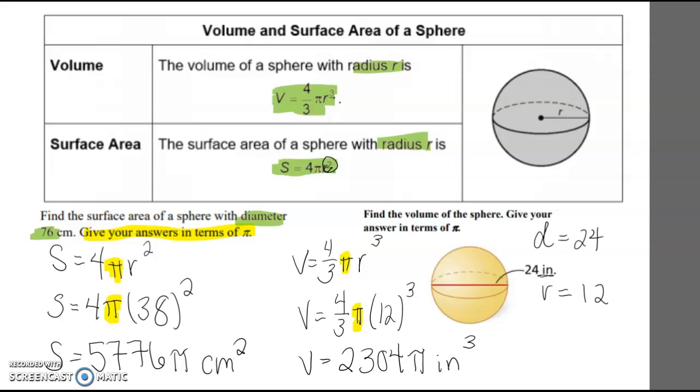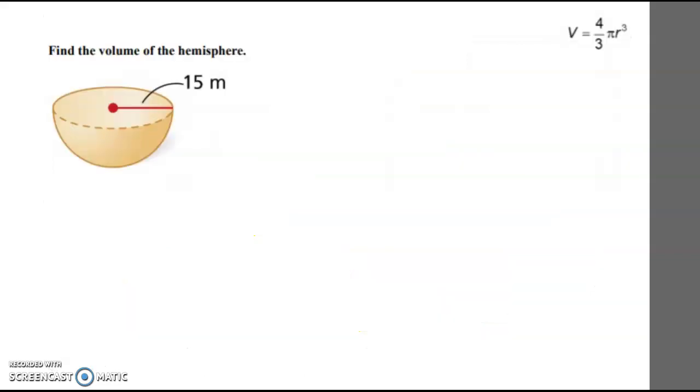The next thing we're going to be looking at is finding the volume of a hemisphere. So on each of these next slides, I put the formula for volume of a sphere up here in the right-hand corner for us in case we need to reference it. So find the volume of a hemisphere. Well, if I look at it, it looks like it's half of a sphere. So my volume formula is 4/3 pi r cubed.